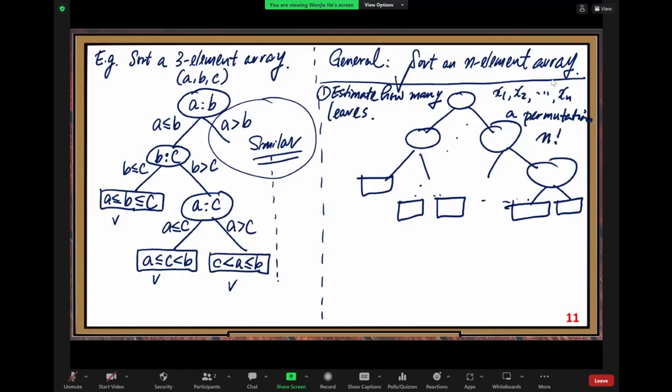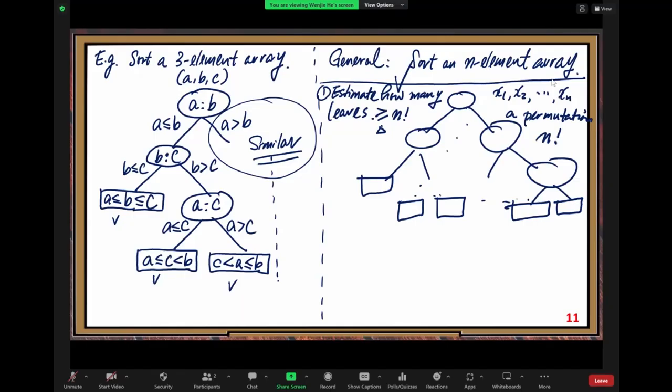All right. So that means here, estimated how many leaves, the answer is greater or equal to n factorial. So you may ask me why greater or equal to, not exactly equal to n factorial. Because remember here we are talking about a general comparison-based sorting algorithm.